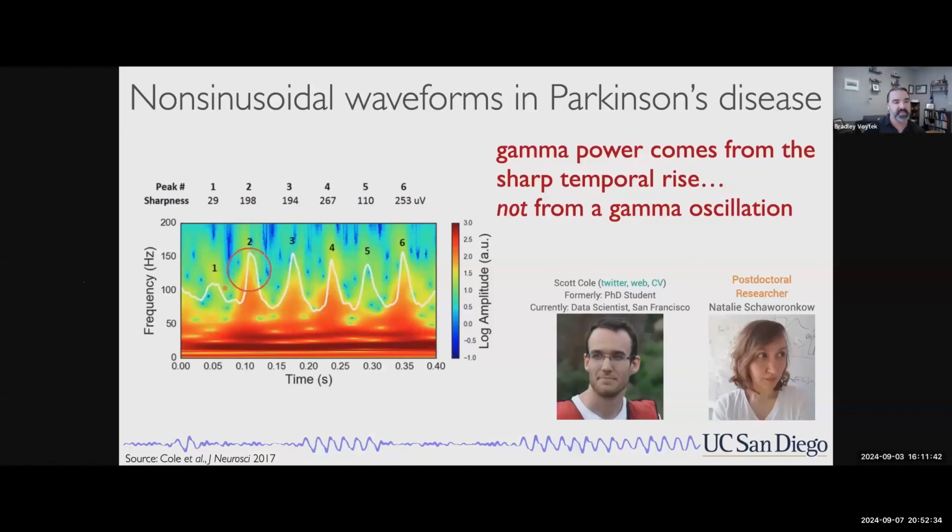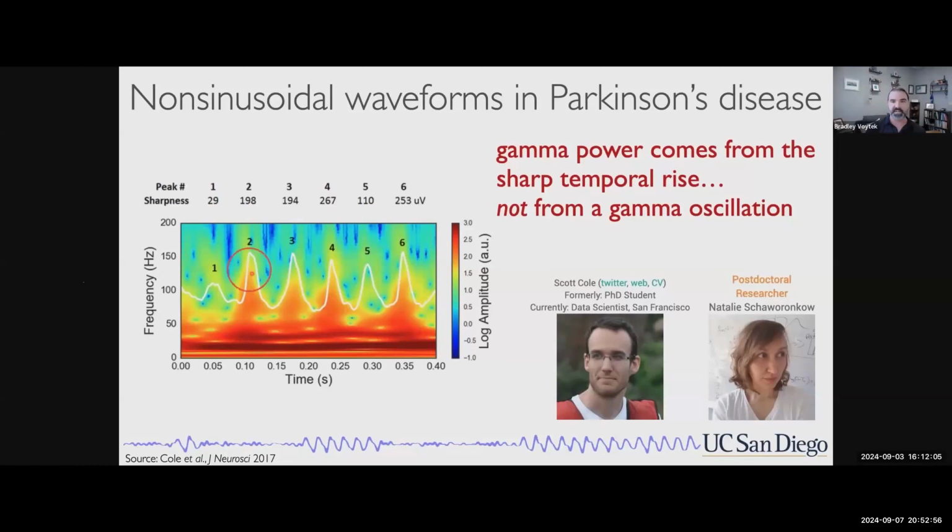And in order for the math to capture these very sharp, fast voltage changes in the time domain, you need increasing power in increasing frequency bands. And so these sharp temporal deflections are captured as high power in high frequency bands.